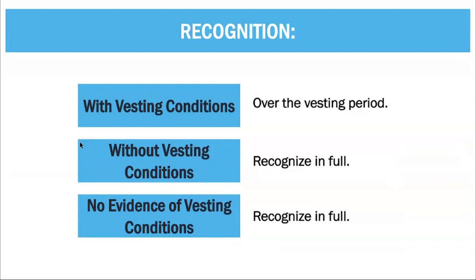So when we talk about vesting conditions, generally they can either be a service condition or a performance condition. So what is the difference between these two? Actually, they are still conditions which you need to meet. But we look at what type of condition is provided in that particular share-based payment.